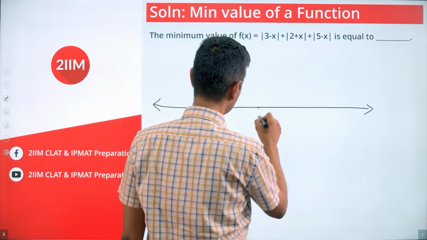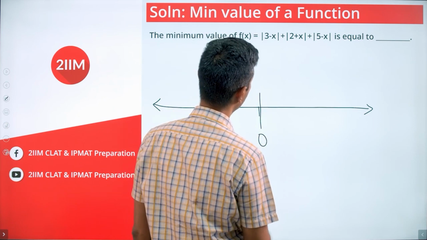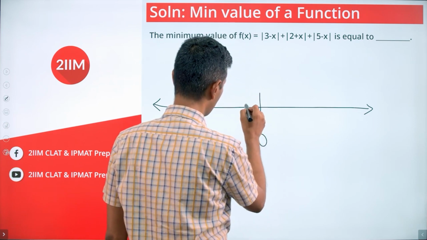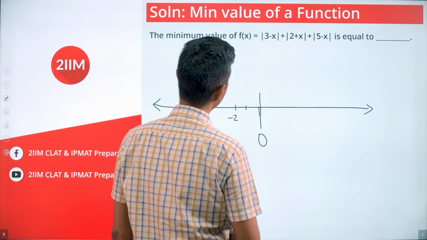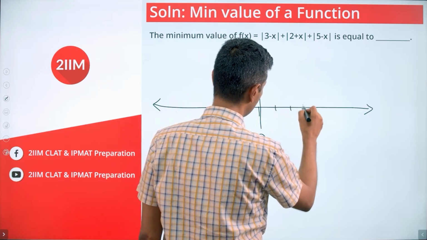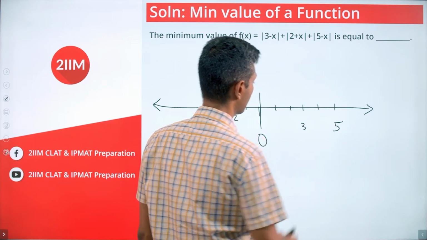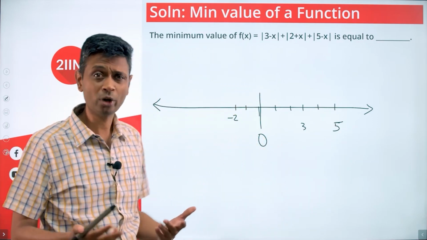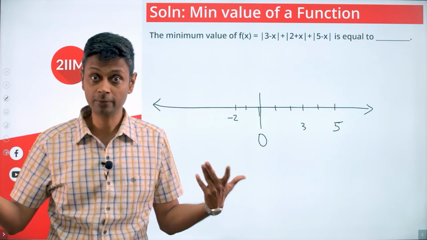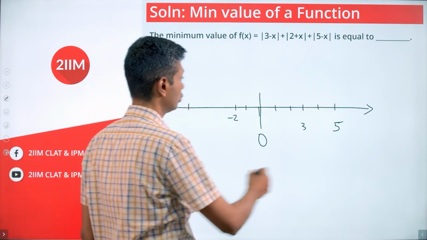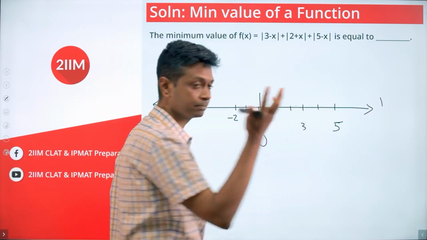We're going to talk about, let's put a 0 here. We want minus 2. We're interested in 3. 1, 2, 3. We're interested in 5. Right? Now, if our point x were anywhere on the number line, so it could be this side, it could be that side, it could be somewhere in between.